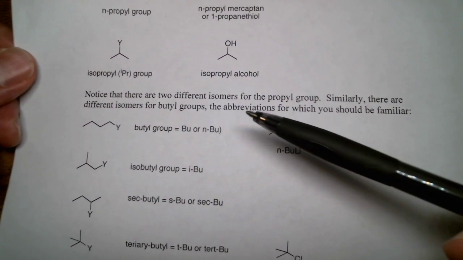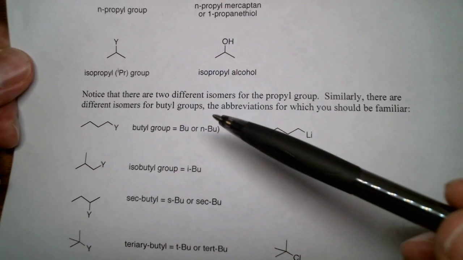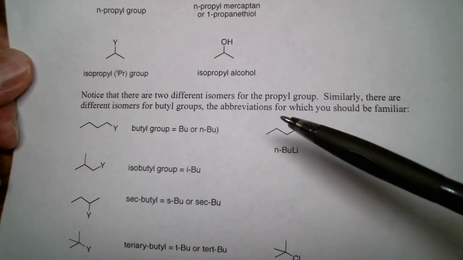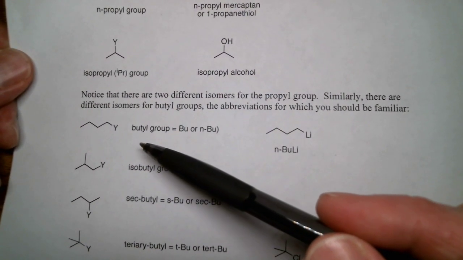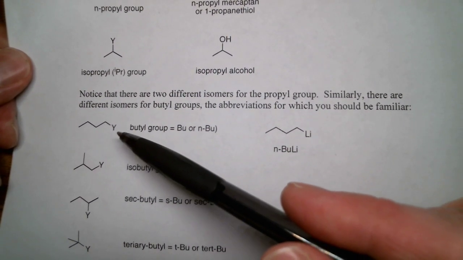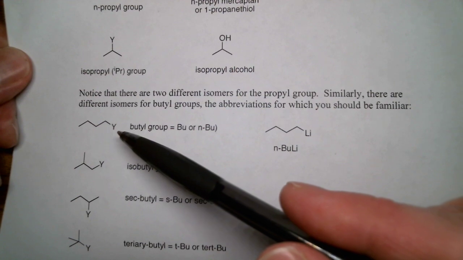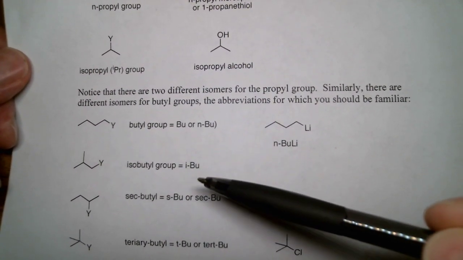Notice that there are 2 different isomers for the propyl group. Similarly, there are different isomers for butyl groups, the abbreviations for which you should be familiar. So our n-butyl group, again, has our substituent being bonded to one of the carbons at either termini.